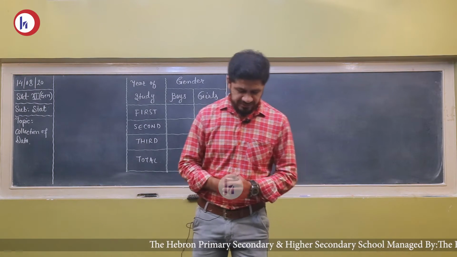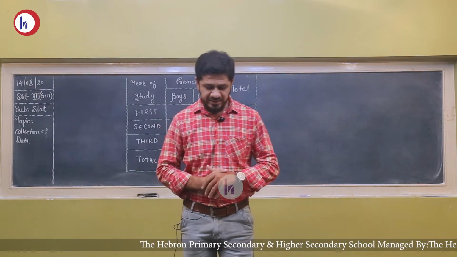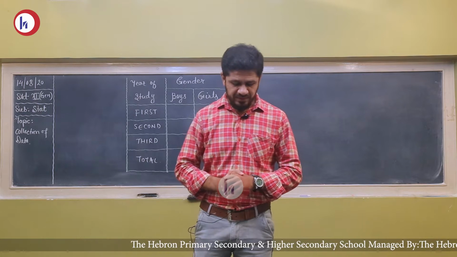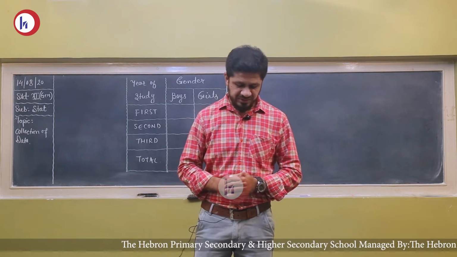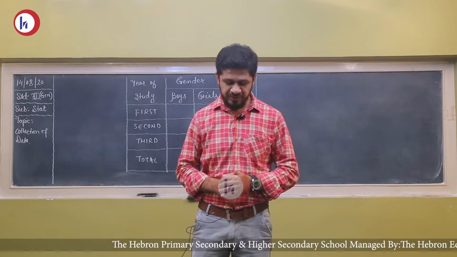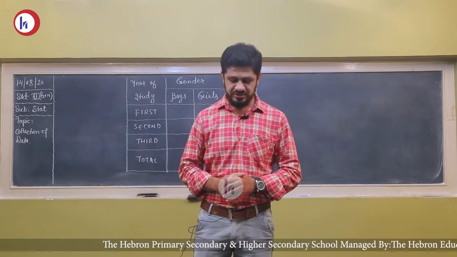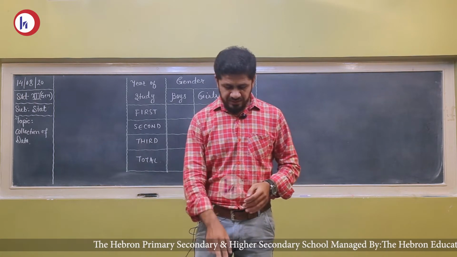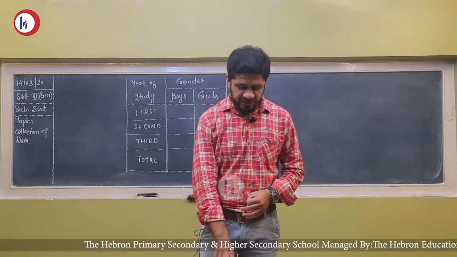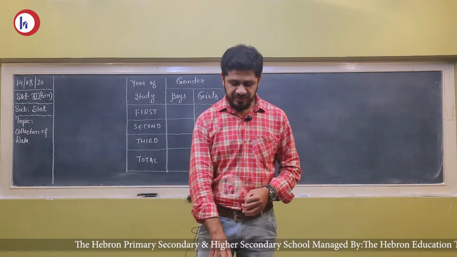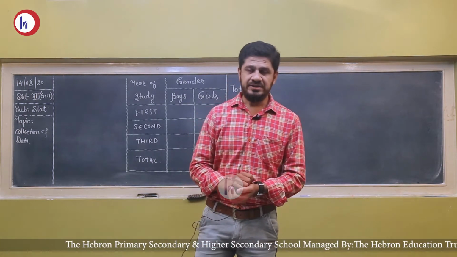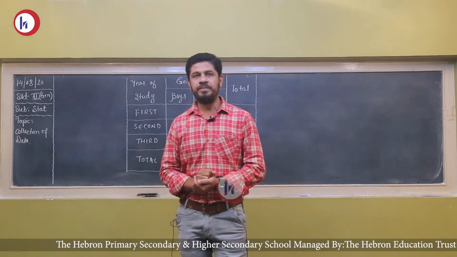In the second year, the number of boys and the number of girls are equal. Among the 550 students of the first year, the proportion of number of boys and girls is 3:2. In the third year, the number of boys is 3 times the number of girls. Represent the above data in tabular form.